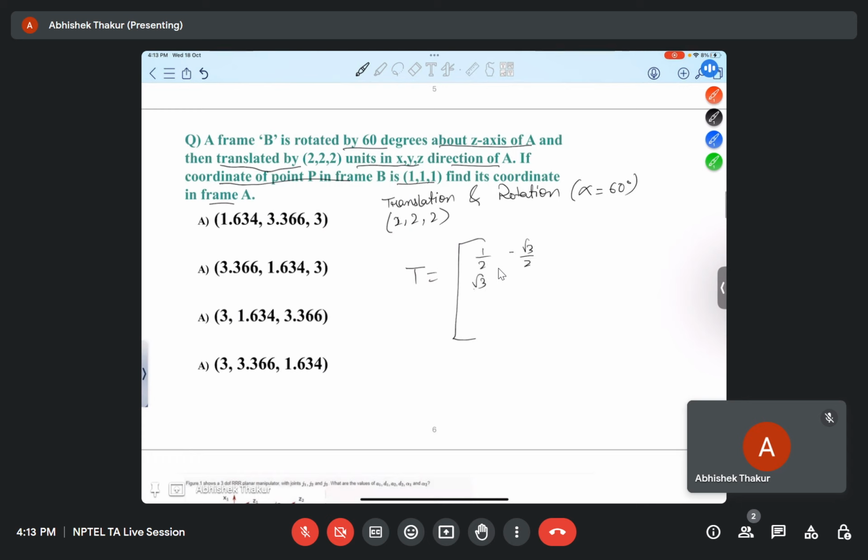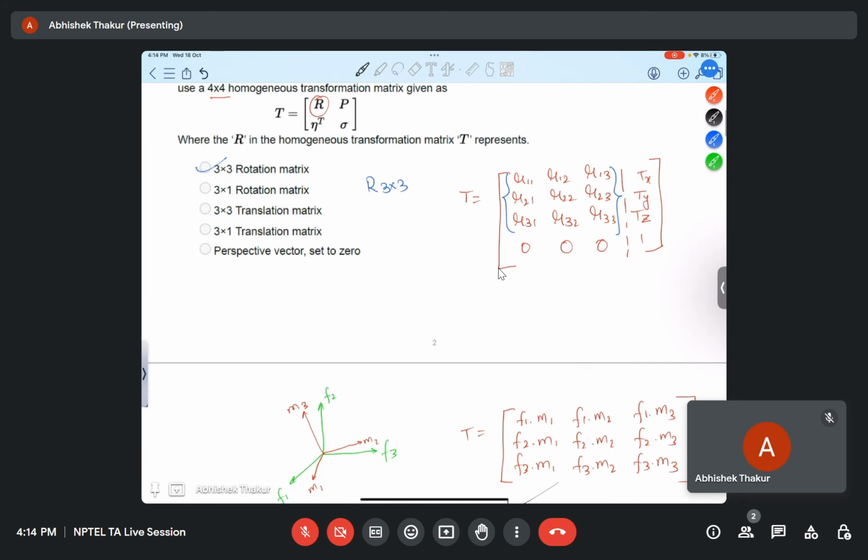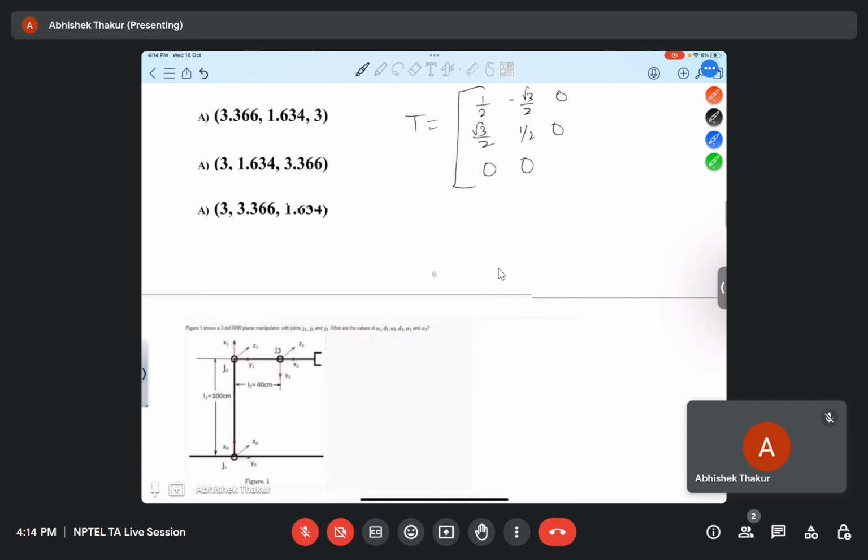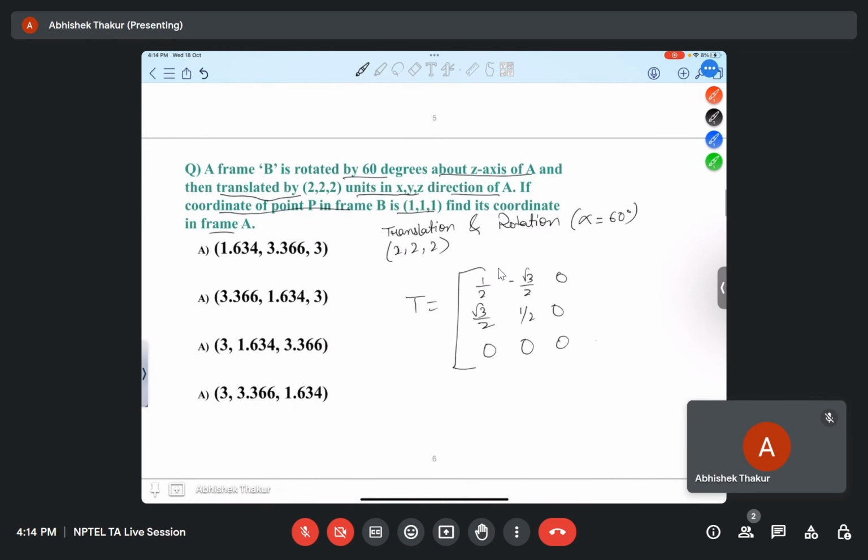So our transformation matrix will be, the rotation matrix will be the same: 1 by 2, minus root 3 by 2, root 3 by 2, 1 by 2, 0, 0, and so on. This is 4 cross 4, and the translation is 2, 2, 2 units in each direction.